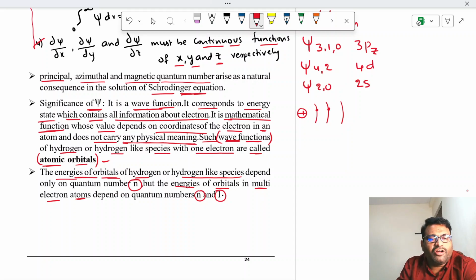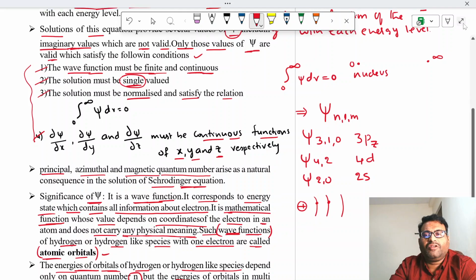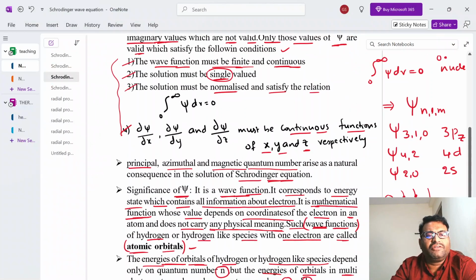But energies of orbitals in multi-electron atoms, containing more than one electron, depend upon two quantum numbers, n and l. So that is about the Schrodinger wave equation.